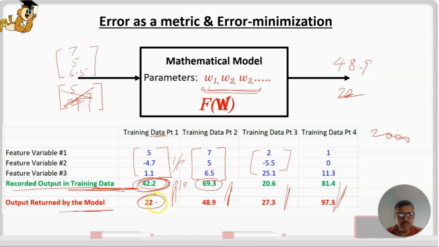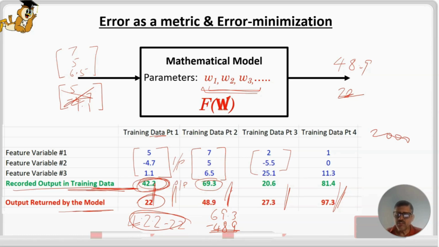This is the error made by the model. 42.2 minus 22 is the error made by the model for the first training point, right? Similarly, 69.3 minus 48.9 is the error made by the model for the second training point, and so on.